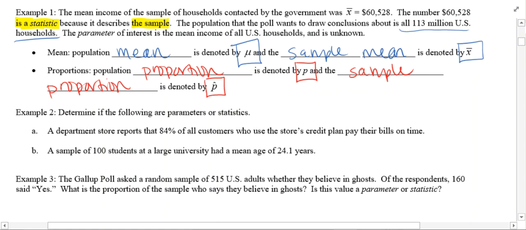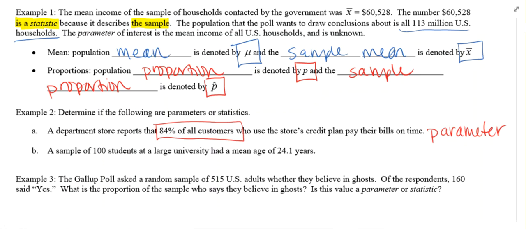This is a parameter, and there's one key word that helps you note that. Do you see it? We've got 84% of all customers. It's not a sample of customers, we're talking about all, so they would have information on all in that case.